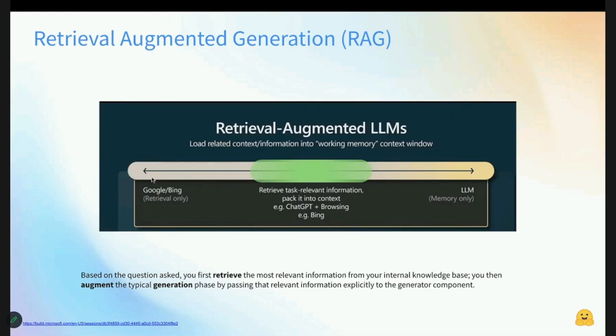You type in a query, get back a list of results, and you manually have to read through them to understand what's in each one and how it could possibly answer your initial query. On the far other end of the spectrum is LLM memory only. You ask a question and you just get some randomly regurgitated answer from the LLM that best tries to match what it's learned during training. And so retrieval augmentation sits somewhere in the middle. It makes use of the best of both worlds and gives you this hybrid approach that can be really, really useful.